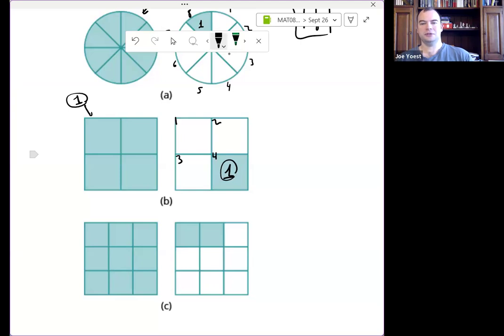And I've shaded in one of them. So this represents 1/4. The whole was divided into 4 slices, and I have shaded in one of them. So I could think of this as 1 plus 1/4, or written as a mixed number, just 1 and 1/4.